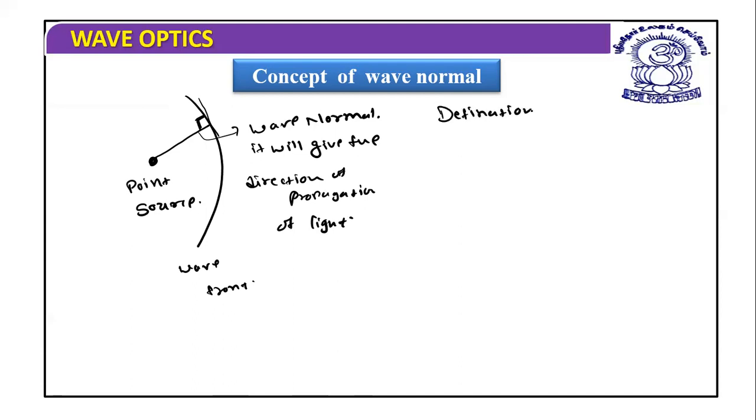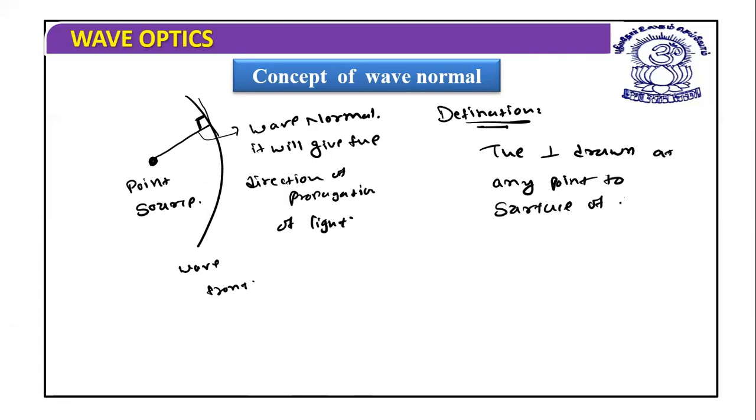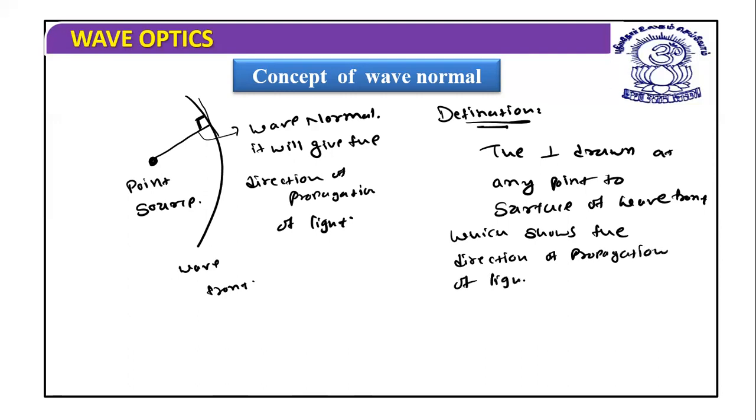So we can define it as the perpendicular drawn at any point to the surface of wavefront which shows the direction of propagation of light is called wave normal.